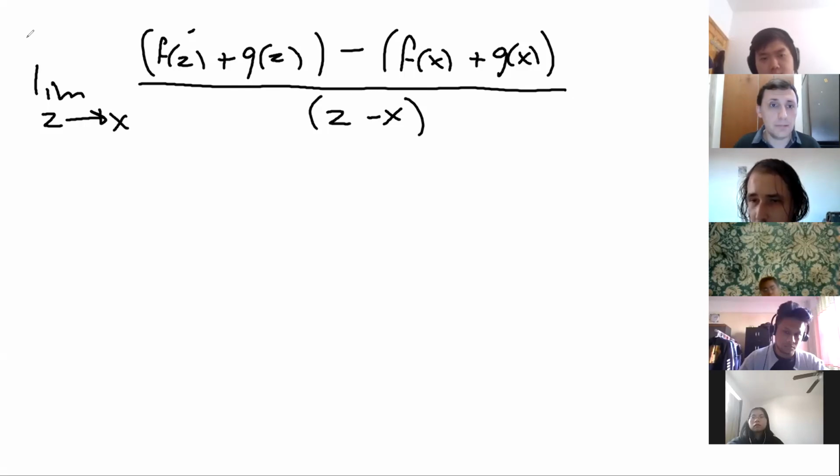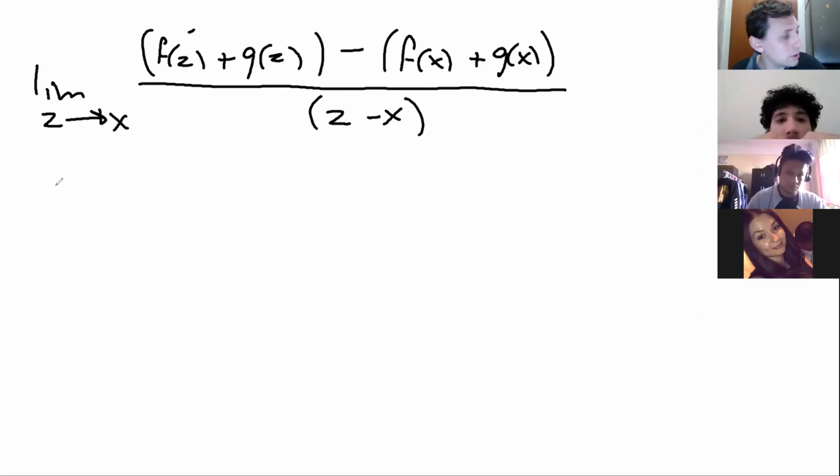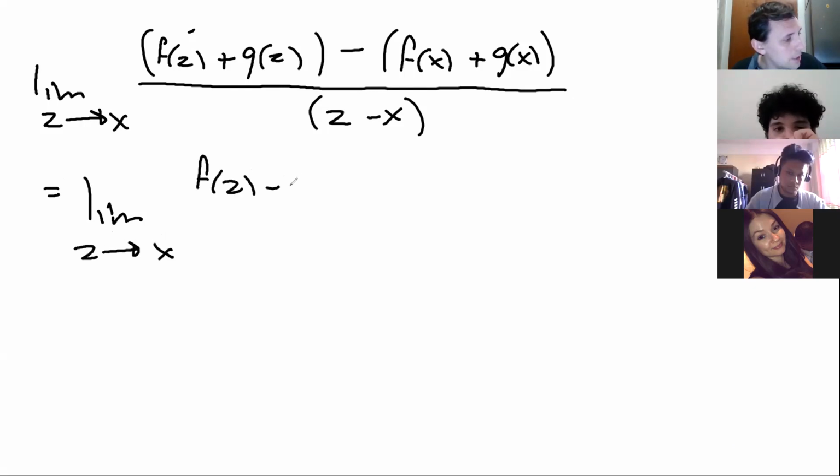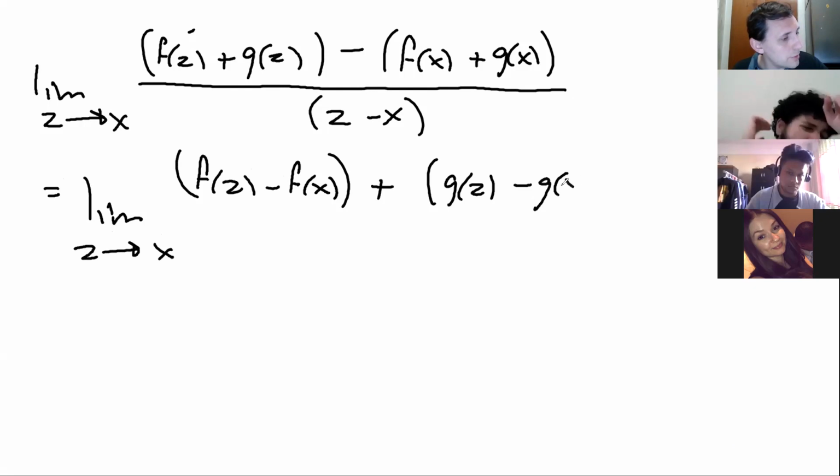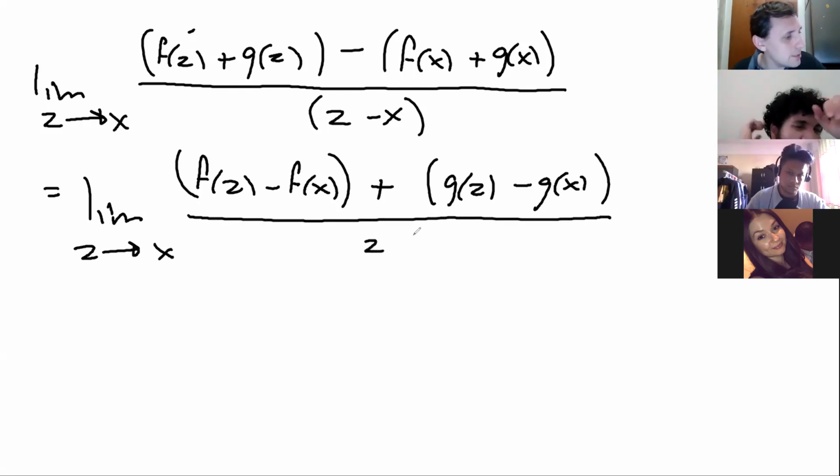And how do I find them? Well, let's group them together. Look at it. So let's group like with like. That's f(z) minus f(x), plus g(z) minus g(x), divided by z minus x. Now I can distribute it.